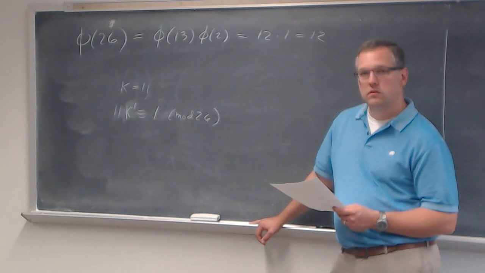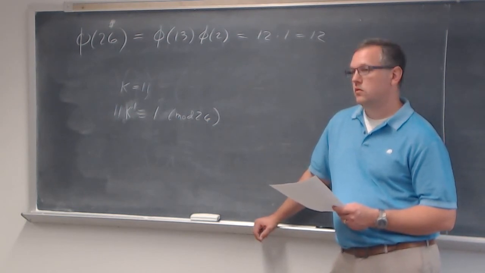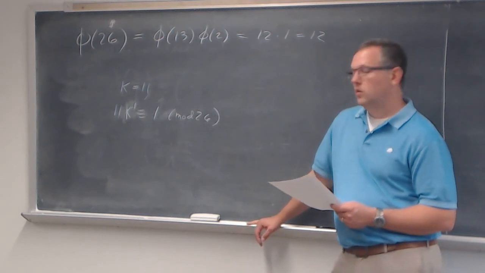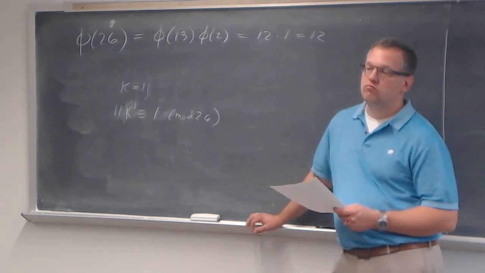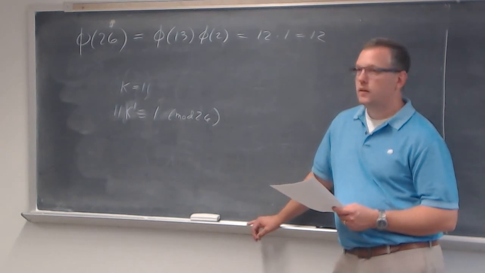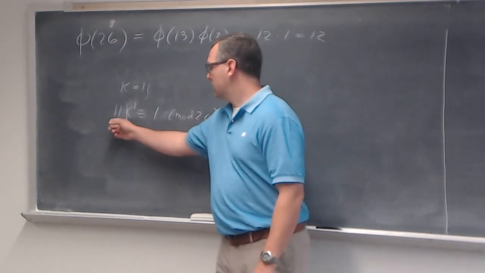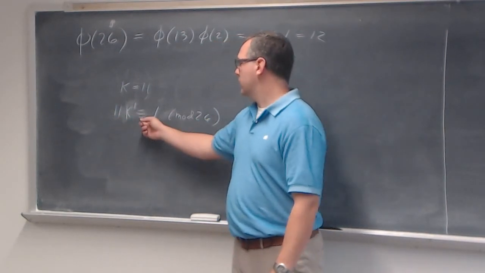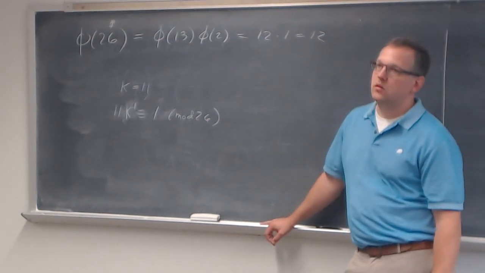19. Someone gave me negative 1. Yeah, it could be negative. So 11 times some integer should be equal to 1 mod 26.